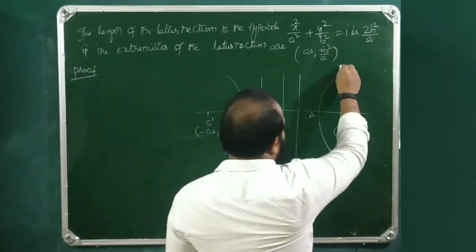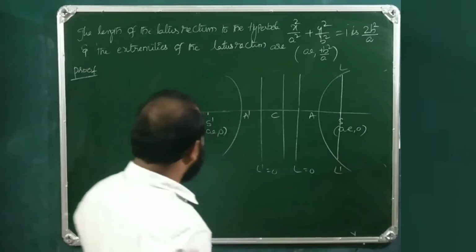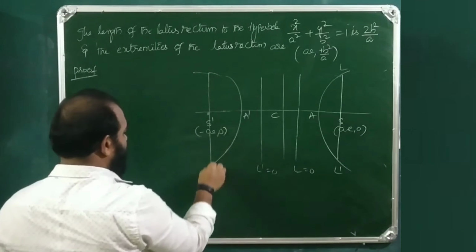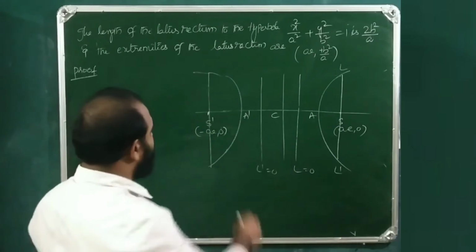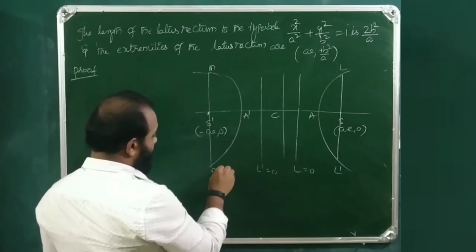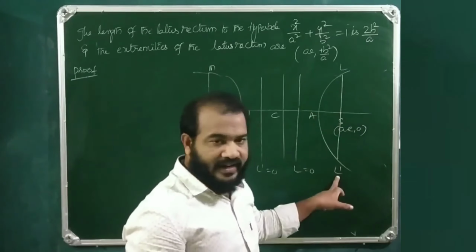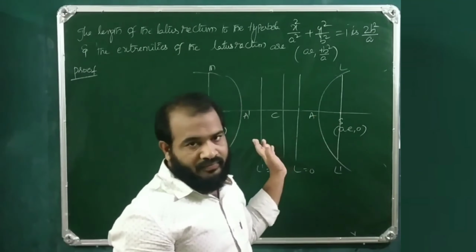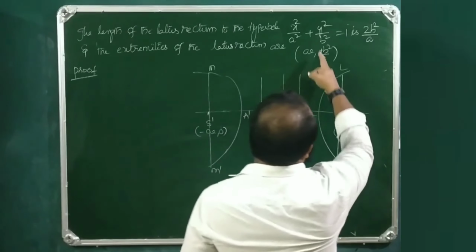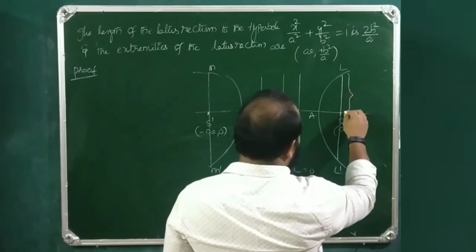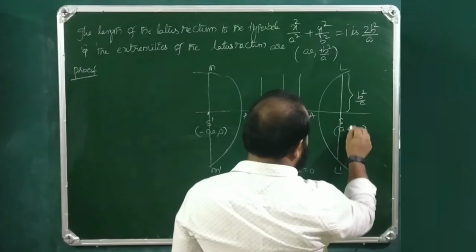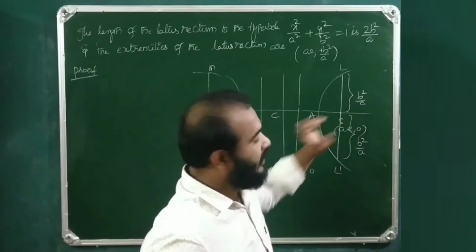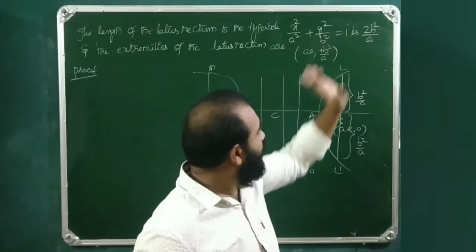Likewise, this is also the latus rectum. Let us take M dash for example. So both L L dash and M M dash are latus rectum lengths. This is b square by a and this is b square by a, so totally 2b square by a. That is what we need to prove.